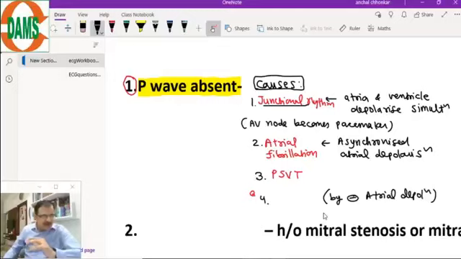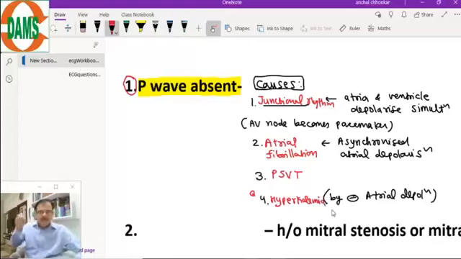This is seen in cases of electrolyte imbalance, hyperkalemia. So this causes a decrease in the P wave and ultimately it disappears. But how does it occur?